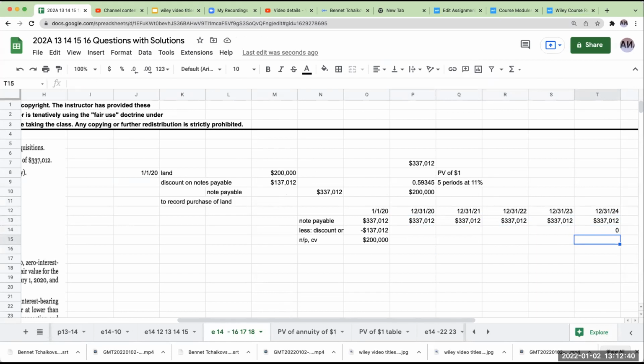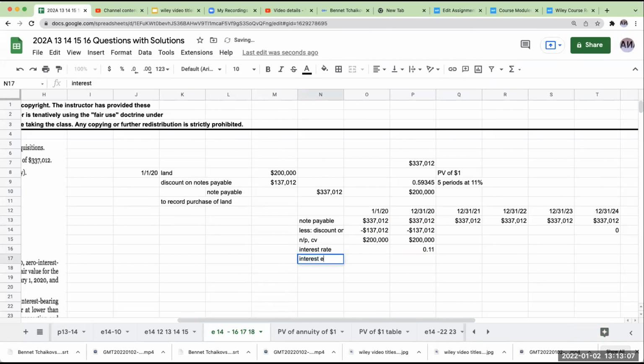How do I get that discount down to zero? Well, what I'm going to do is figure out the amount of interest, or I'm going to record interest expense, because it's essentially implied with the way the transaction works out. So I've got my note payable carrying value, and I'm going to use my interest rate.